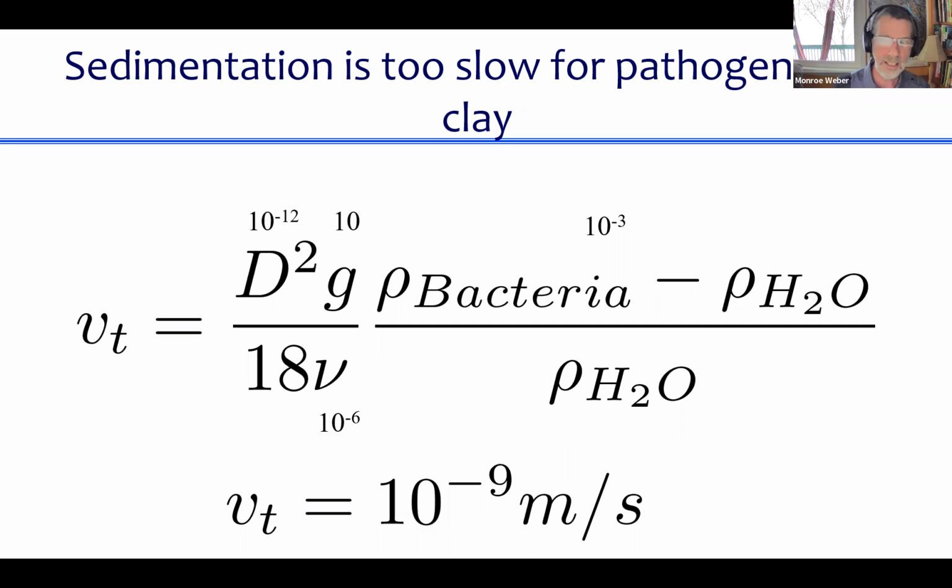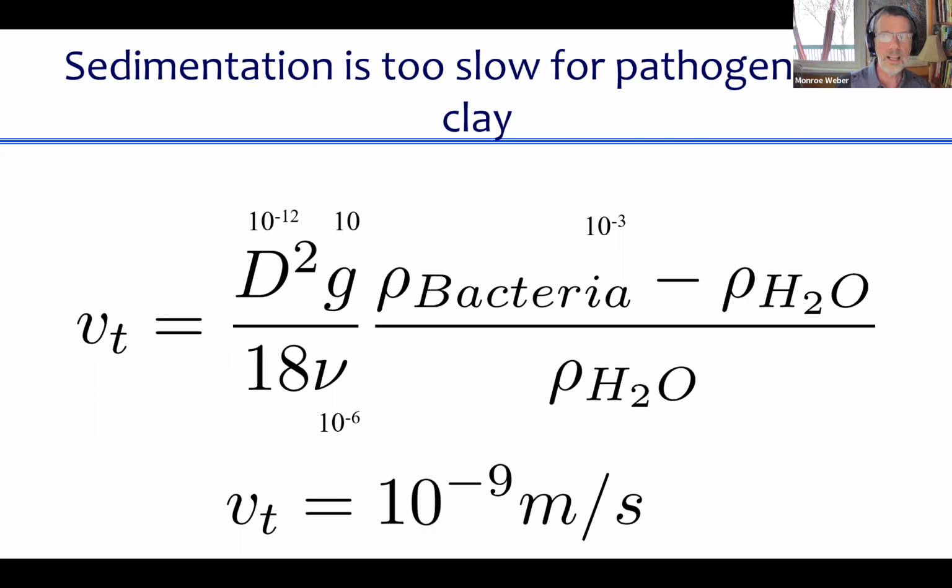G is about 10. The density of a bacteria cell is close to 1,001 kilograms per meter cubed, and the density of water is 1,000 kilograms per meter cubed.